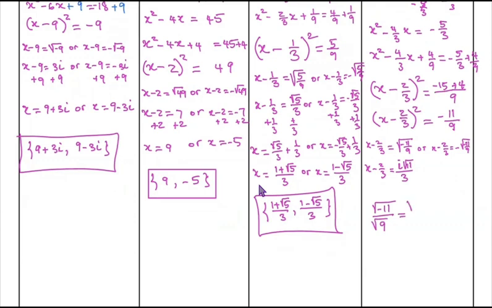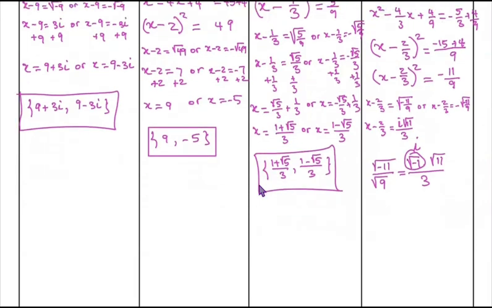Square root of negative 11 is square root of negative 1 times square root of 11, over square root of 9, which is 3. This is i, and this is square root of 11. Since it's going to give me a decimal number, I don't want to deal with that. So that's going to be i, the square root of 11 over 3.